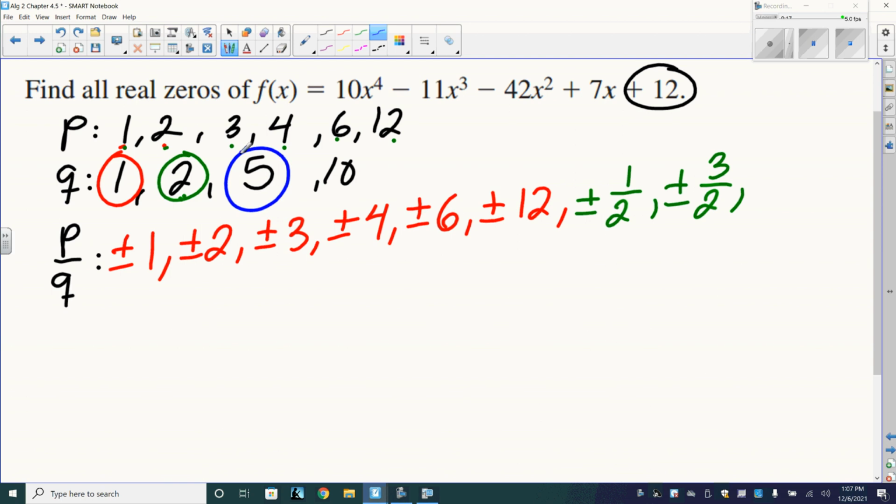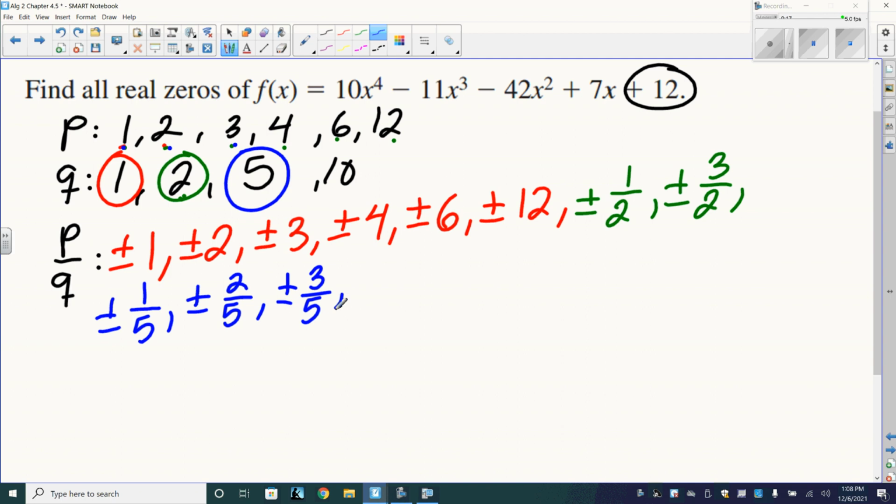Well, now the next one we can look at is 5. So we'll start out with 1. 1 divided by 5 is going to give us 1/5. Then we can move on to 2 divided by 5. Well, that would be 2/5. Then we can do 3 divided by 5, which is plus or minus 3/5.